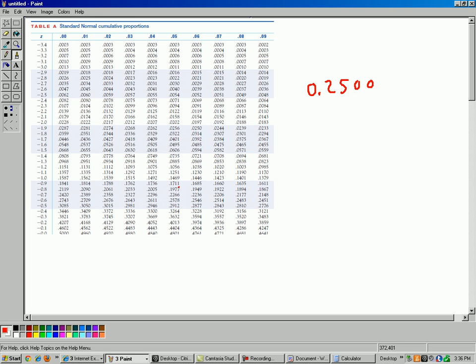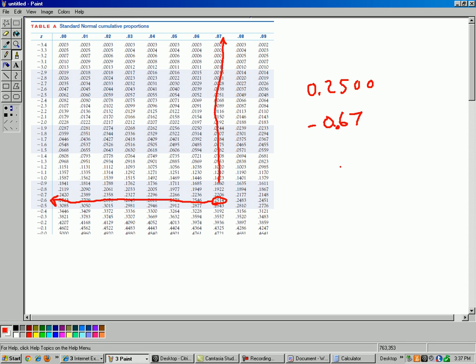Here's 0.14, here's 0.22, here's 0.2526, let's see here, 0.2514. Okay, it looks like this is as close as I can get to 0.250 right here, 0.2514. So what's the z-score for that? Well, let's go across. It's negative 0.6 and 7, so negative 0.67.